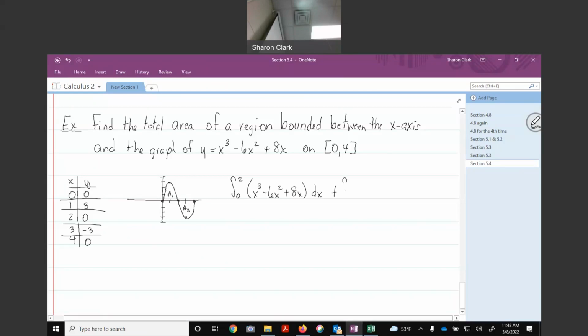Plus, then we're going to start at 2 and go to the next x-intercept in case there's more than one inside of the interval. We would just keep doing this until we reach the end. In this case, we reach the end at 4. x cubed minus 6x squared plus 8x dx.